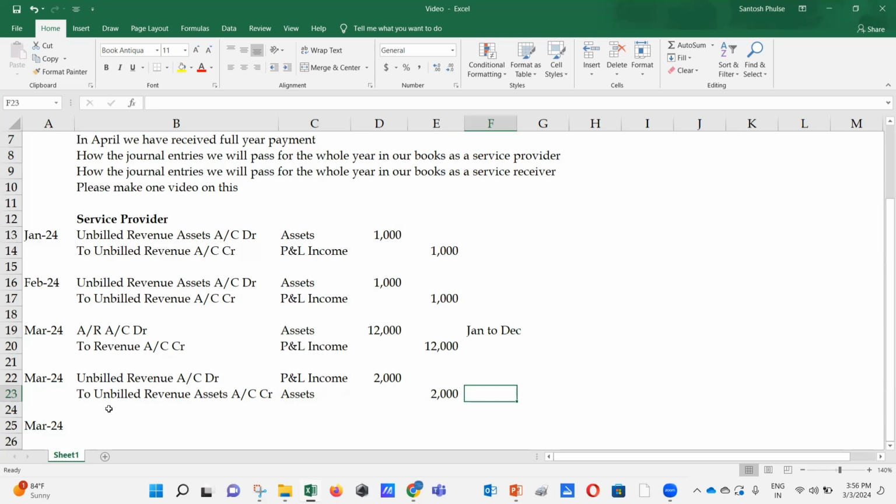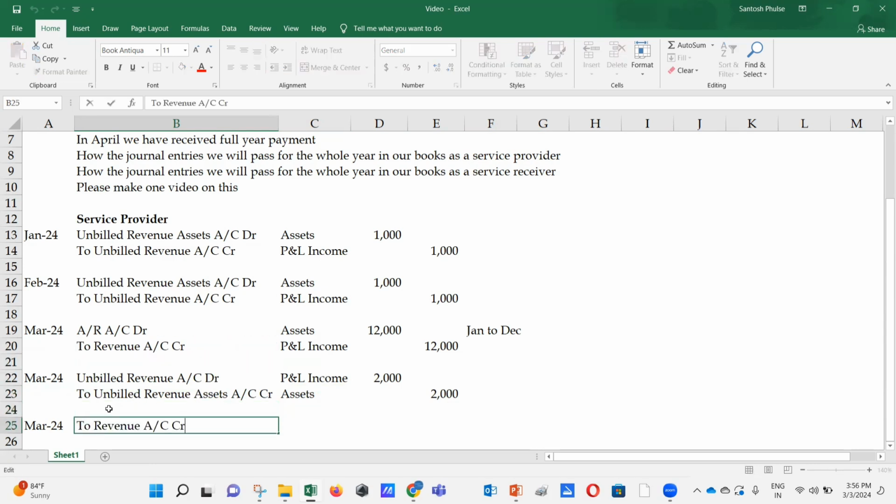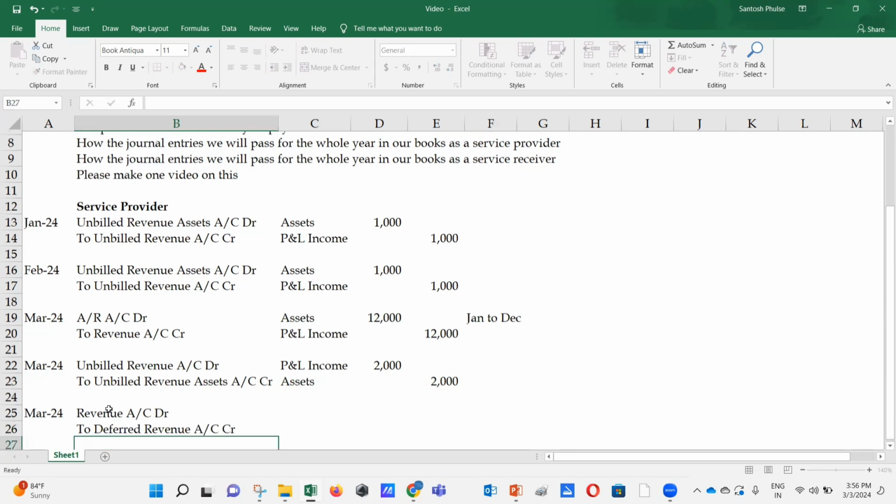You are going to provide the service in the future. So you have to take the entry to reclassify this revenue from P&L to the balance sheet as a liability, as deferred revenue. Your revenue account is going to be debited for 9,000 and the deferred revenue account credited.